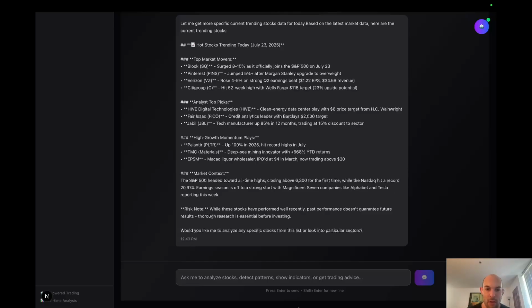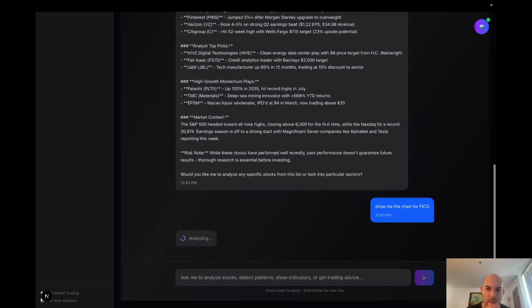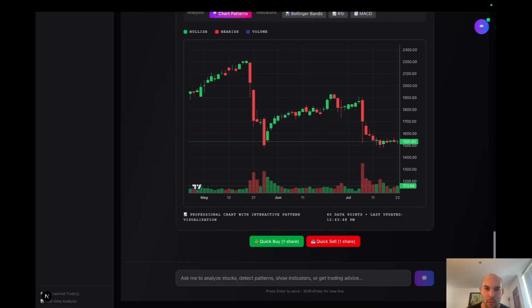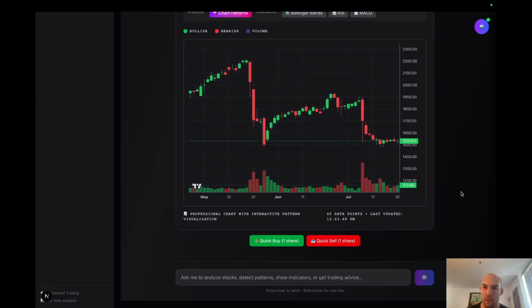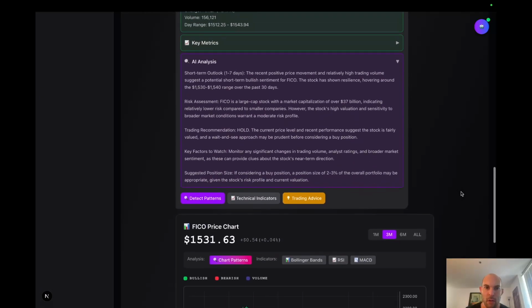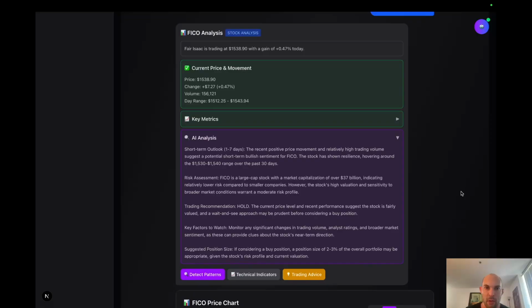Let's do, show me the chart for, let's do FICO. Super cool. Okay, very cool. So we have our chart, we got that, current price movement.